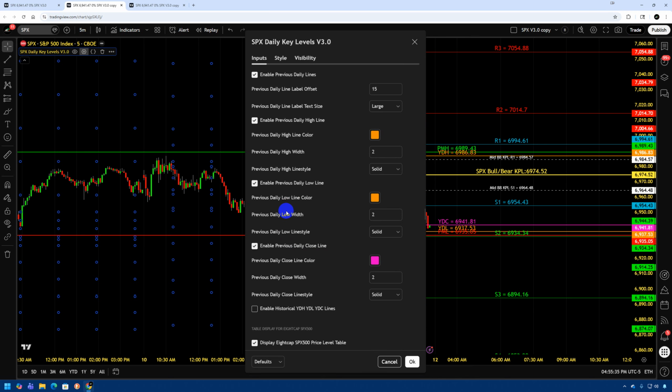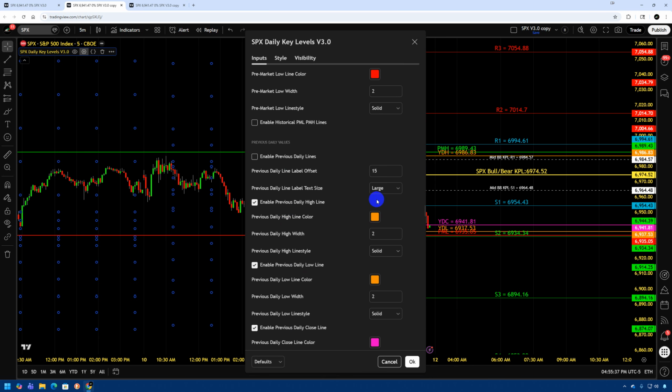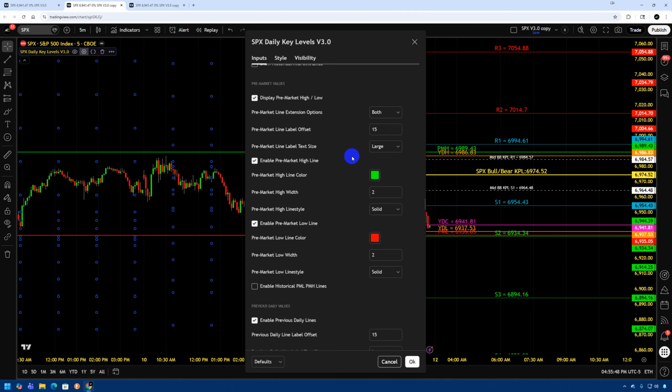As an example, we'll just uncheck the YDH. Now let's go ahead and keep them on as an example. Let's make the PMH and PML levels dashed, and we'll make the width like 3.